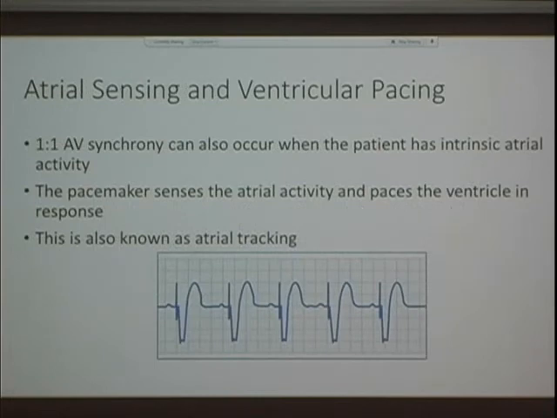If the patient's sinus rate goes up and it's supposed to be tracking the P wave, it will increase the rate up to the upper tracking rate, which is usually 120, 130. So if you see a DDD 60 to 120 noted in the chart, intrinsic activity may let the pacemaker track the sinus rates up to 120, 130 as mentioned.